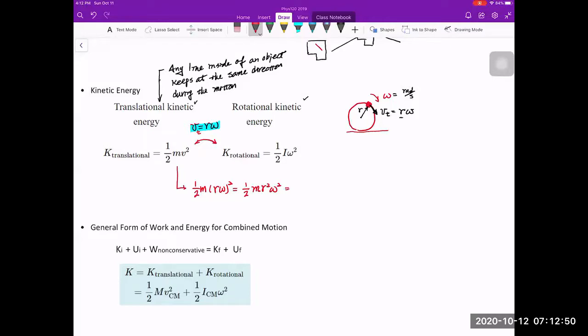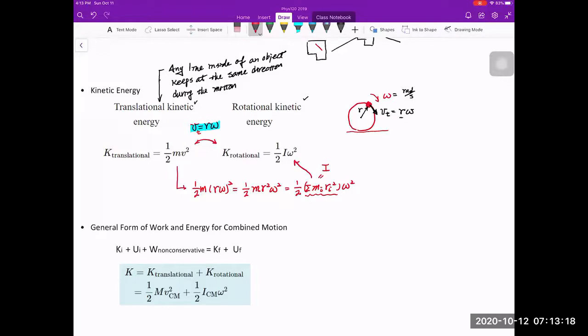So what I mean is, if you have several pieces moving at the same time, then I have 1/2 times the summation of m_i r_i squared, multiplied by omega squared. And what is this? This is what we define as the moment of inertia. And that's why we can use this equation to represent that.